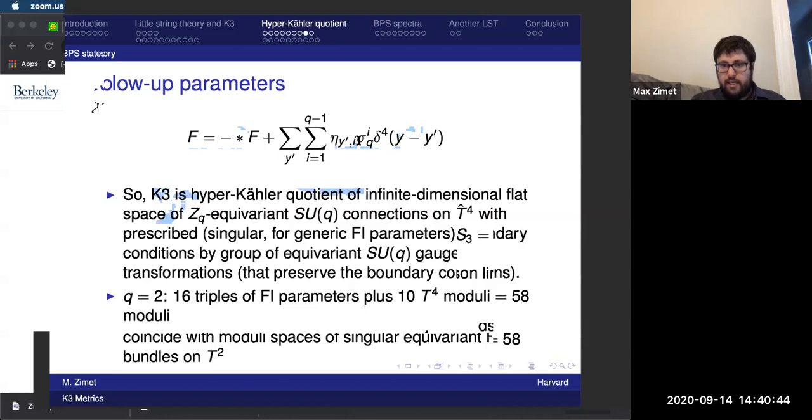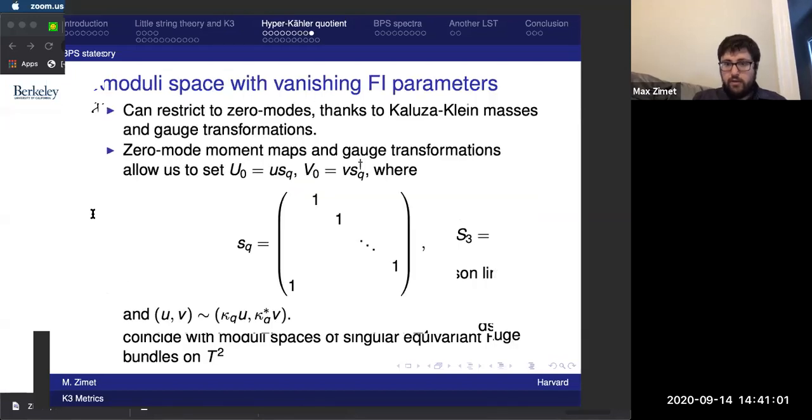In the limit where the Fi parameters are small, so near the corresponding orbifold limit, there's a nice perturbative description of the solution of these moment map equations in some nice gauge.